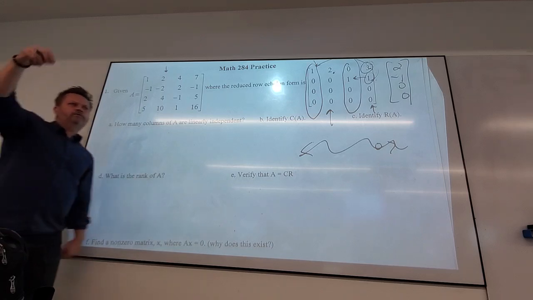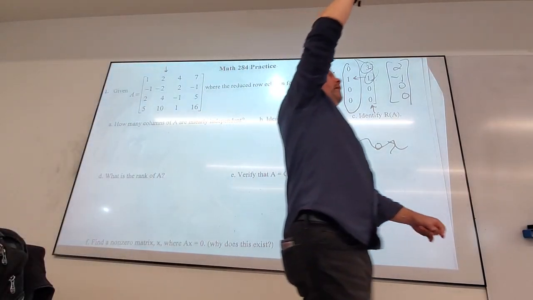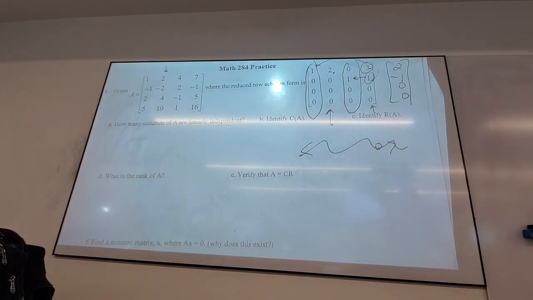So that is one vector that I can multiply A by, and it would make the 0 vector. Yes? And the whole point of that little piece was, if A is not full rank, if all of its columns are not linearly independent, there has to be an infinite number of vectors that I can multiply A by and get 0.